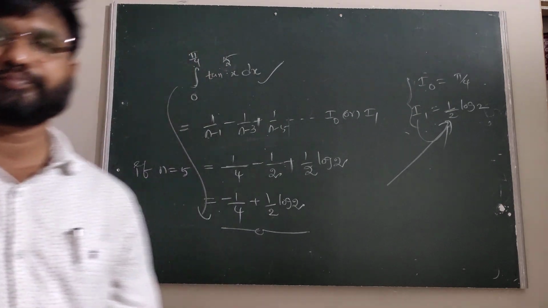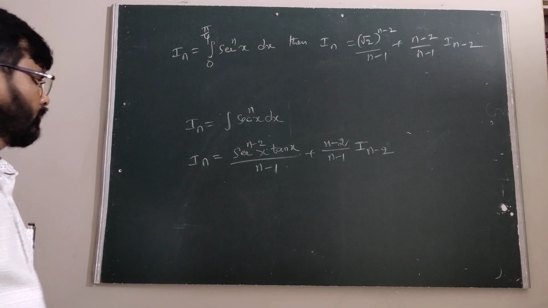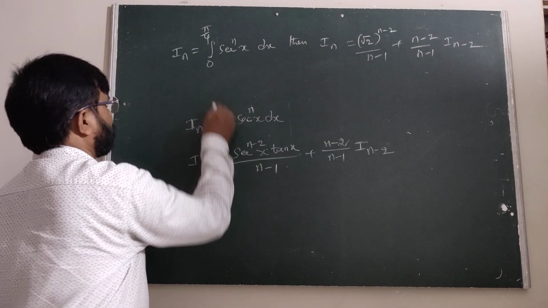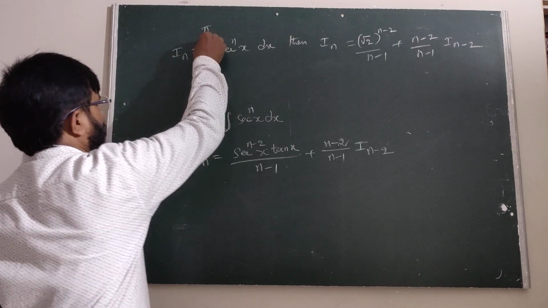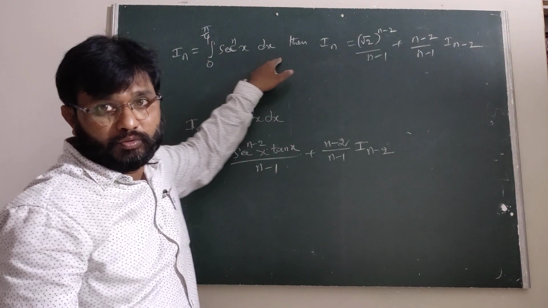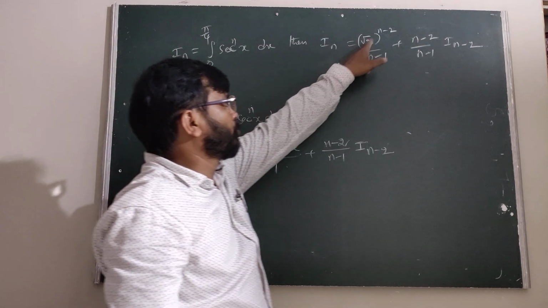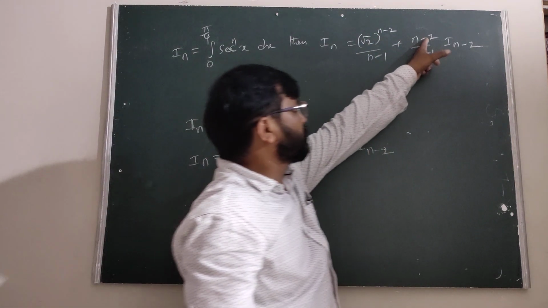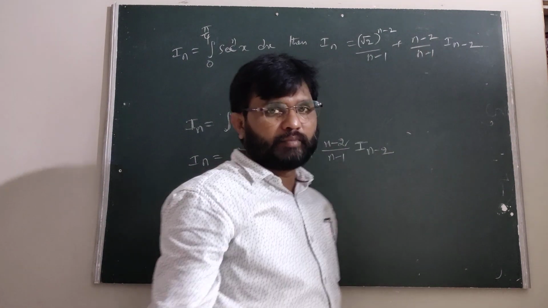Okay. The In, integral 0 to pi by 4 secant power nx dx, equal to root 2 power n minus 2 by n minus 1 plus n minus 2 upon n minus 1 into In minus 2.